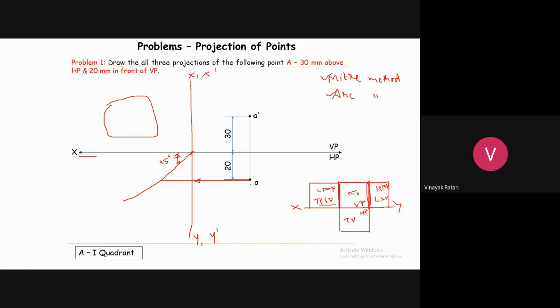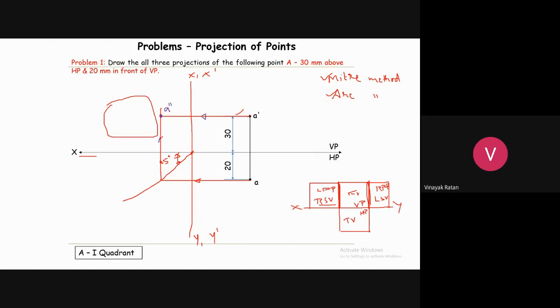You have taken it from right to left. Then from this point, draw a vertical projection line. Then from this A dash, the front view, draw one more horizontal projection line. This projection line and this projection line will intersect somewhere here. That is your side view, A double dash. And these are the directions of projections.